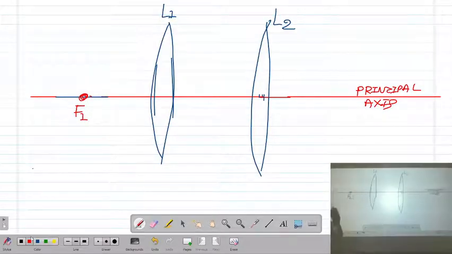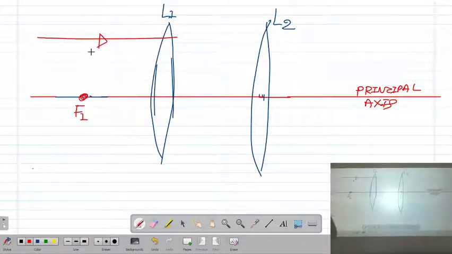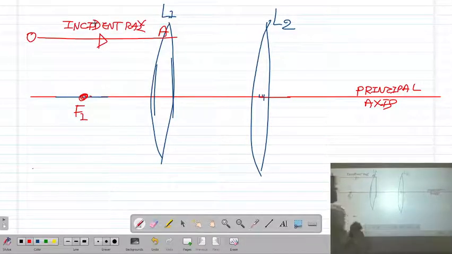This is the incident ray, which is traveling parallel to the axis.